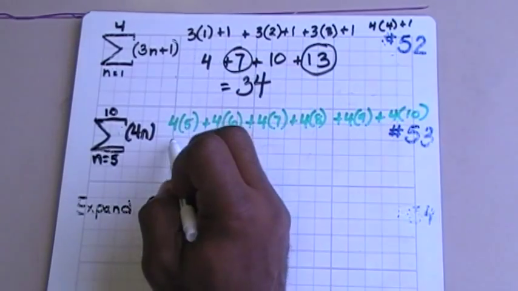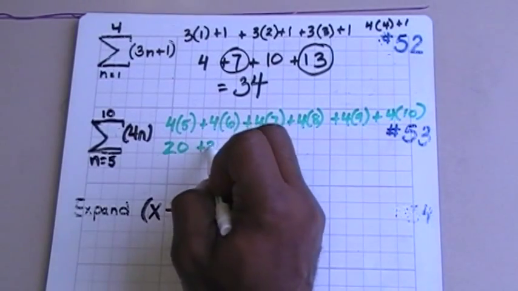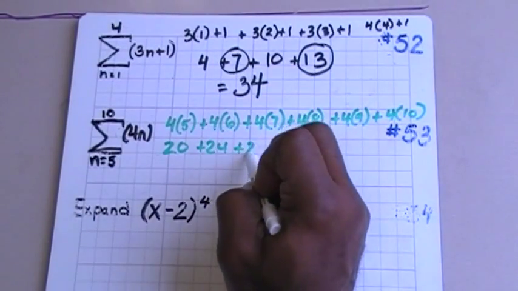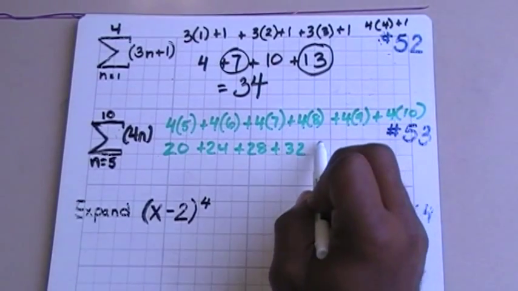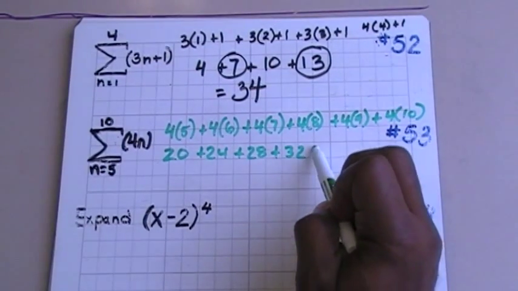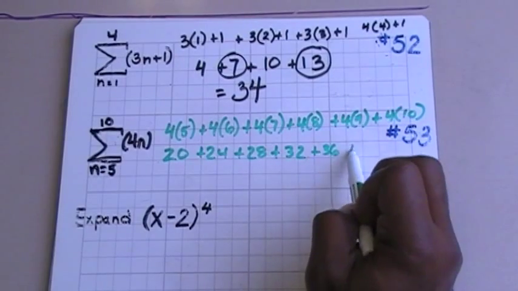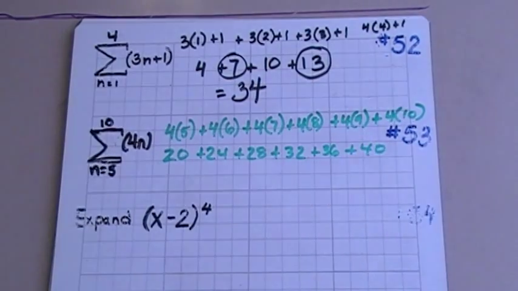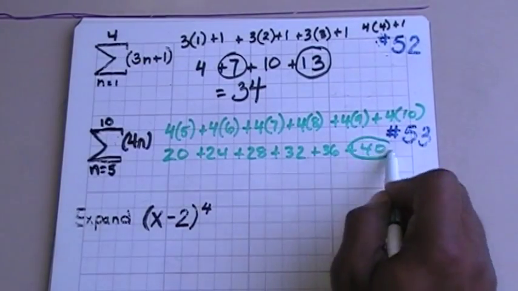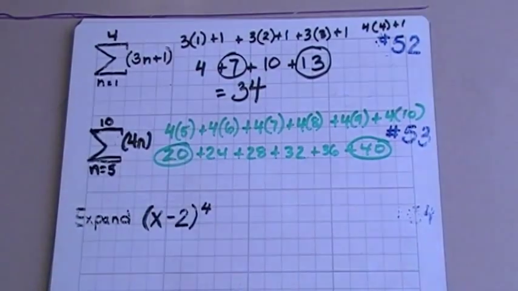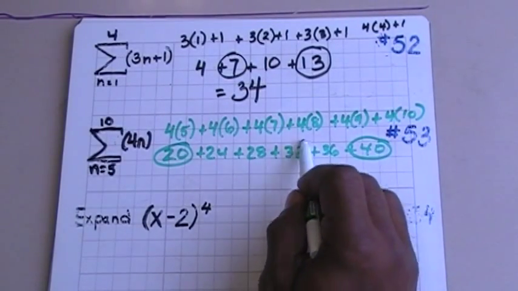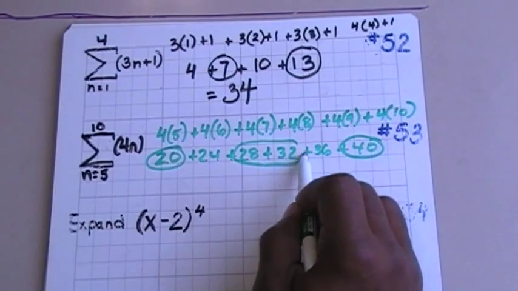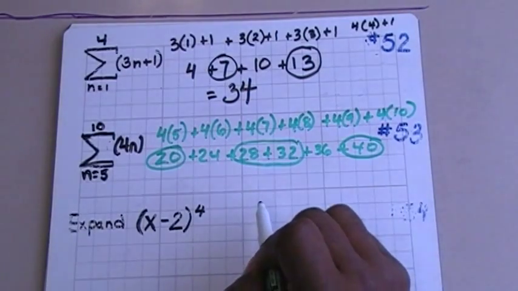So that's 20 plus 24 plus 28 plus 32 plus 36 plus 40. Adding that up, I'm pretty sure you're going to use a calculator, but that's 60. That right there is 60.